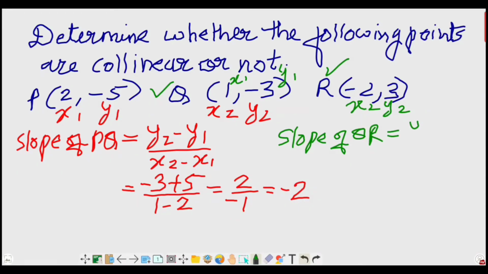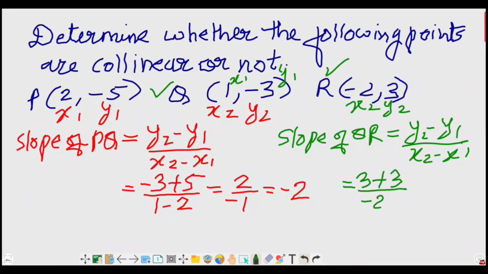Same formula we have to apply, that is y2 minus y1 upon x2 minus x1. Now just see, 3 minus minus 3, minus 2 minus 1. This is 6 upon minus 3. So you got minus 2. Both the sides' slope is the same.